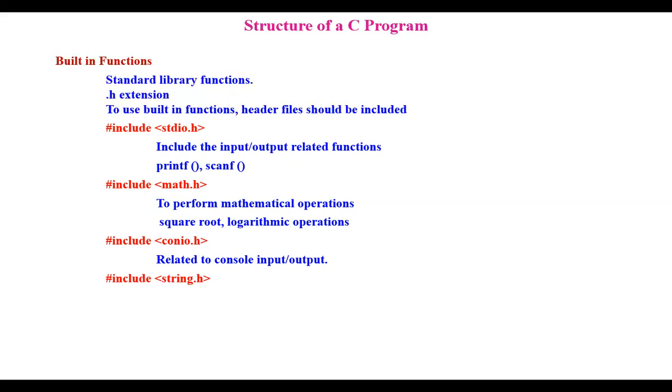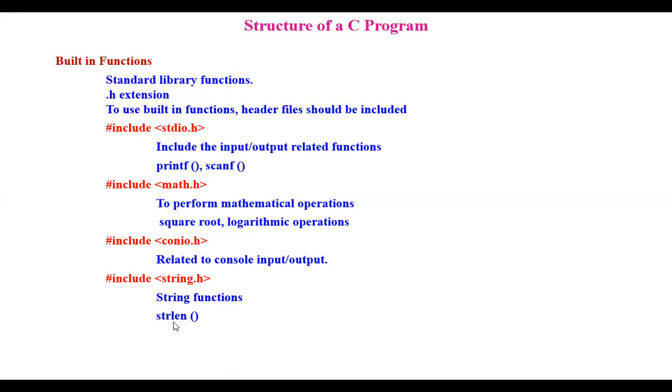Another one, the string.h file. This string.h is used for string operations. A string is a word or some length of word, some number of characters placed one after the other. We call it a string, right? Now, suppose I have a word and I want to get the length of that word.